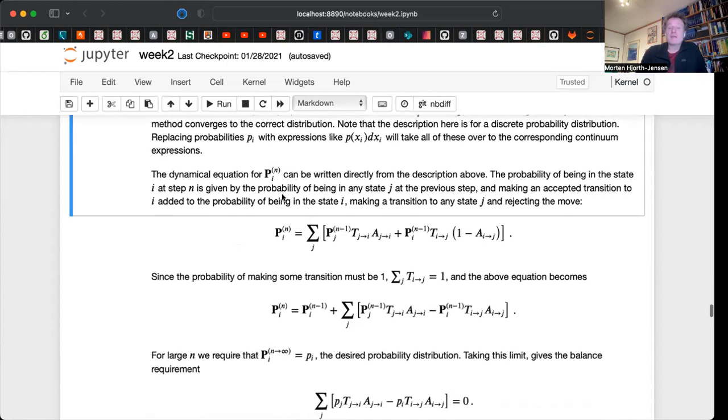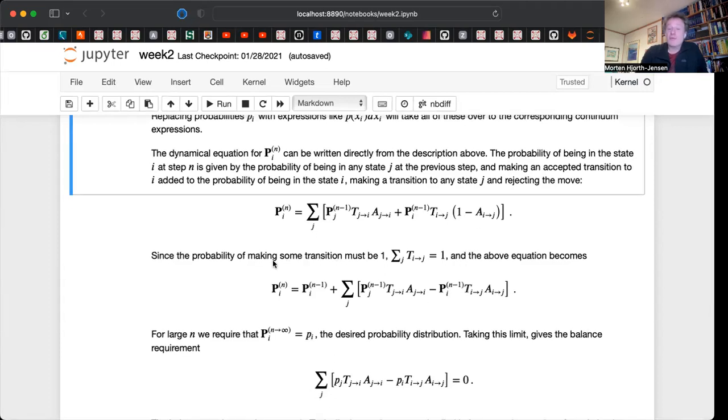So if we look at the dynamics of this, it can normally be written in terms of an equation, which is actually the standard equation for Markov chains. So we have a probability here, which we multiply with the probability of making the move and accepting it. And then we have the product of the probability of making the transition and, in this case, rejecting the transition.